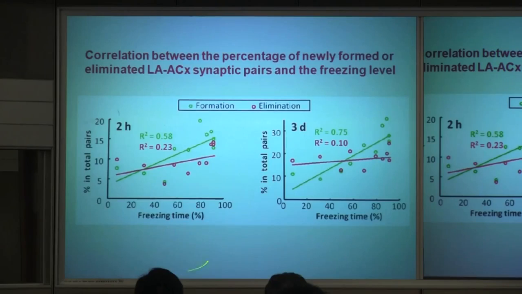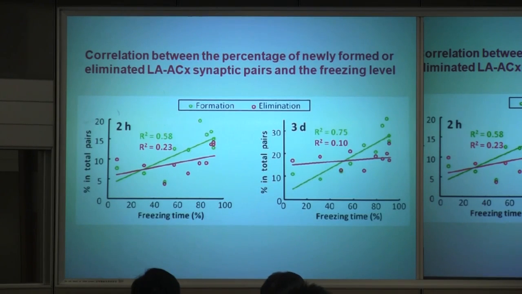And this change in the formation is correlated with the freezing. In individual mice, their level of freezing time is different, highly variable. But if you look at the correlation with the change in the synaptic pairs, it's highly correlated. This blue formation is highly correlated.